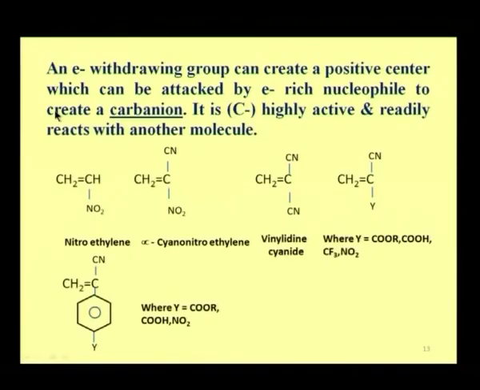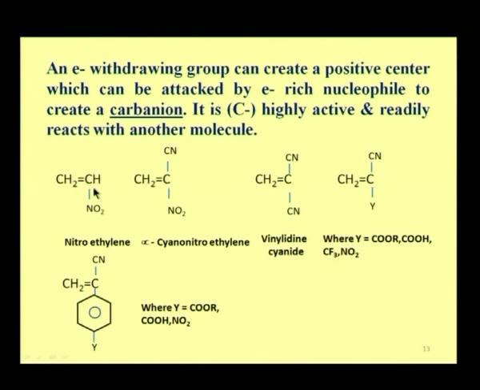Now, in the case of anionic polymerization, basically what is happening is an electron withdrawing group which is available in your monomer molecule can create a positive center which can be attacked by an electron rich nucleophile. This basically creates what is called a carbanion. Let us take the example of nitroethylene. Here you have the nitro, NO2, as the electron withdrawing group attached to your ethylene molecule.